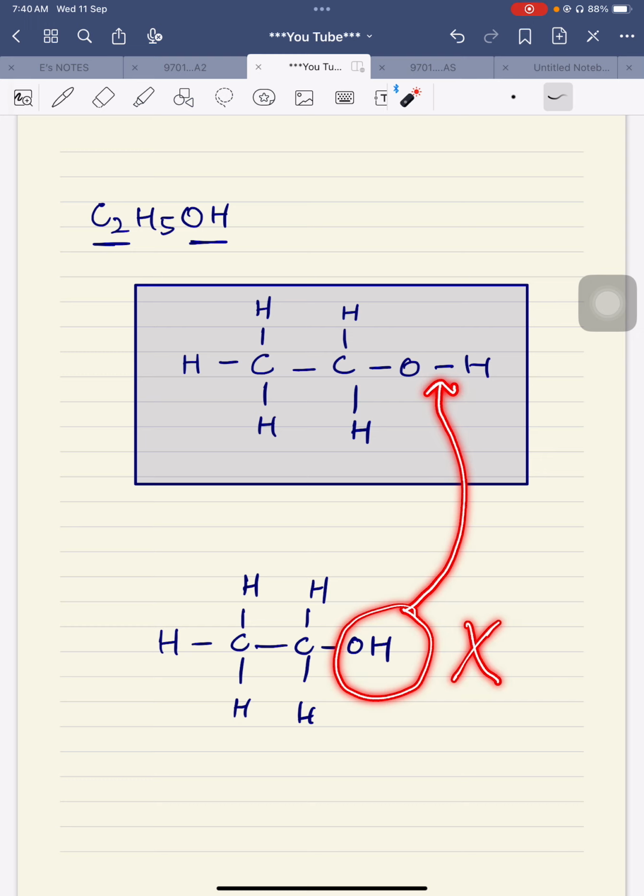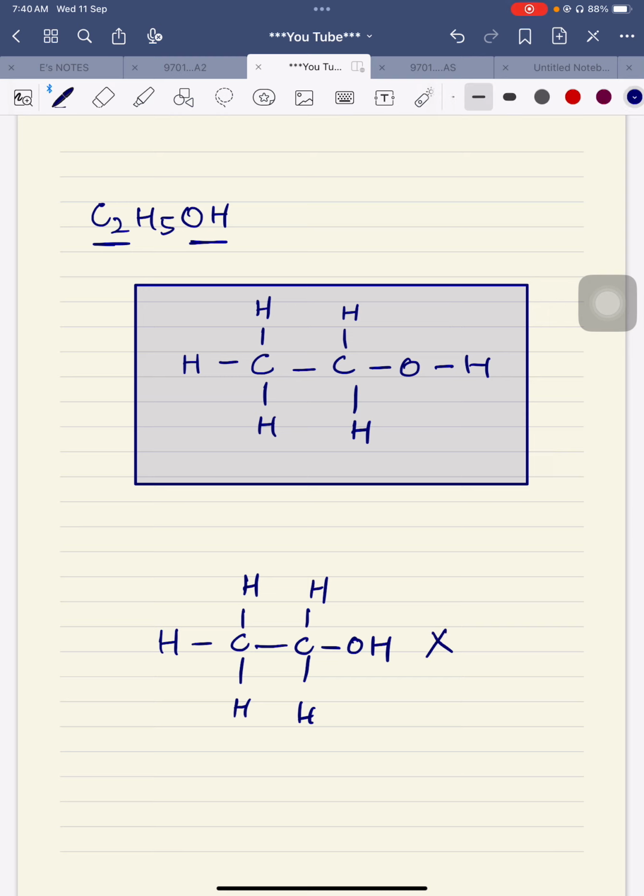This is not the displayed formula because the O-H bond is not present. That's why we have to say this one is not the displayed formula. This is the displayed formula in which all the bonds are shown. So please be careful while selecting your answer for the MCQ paper.